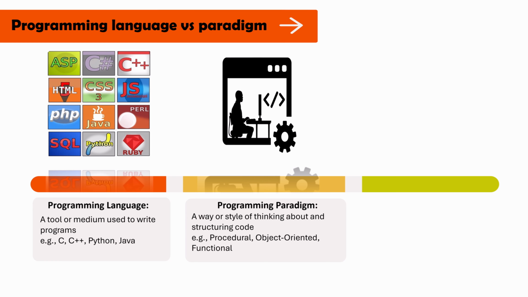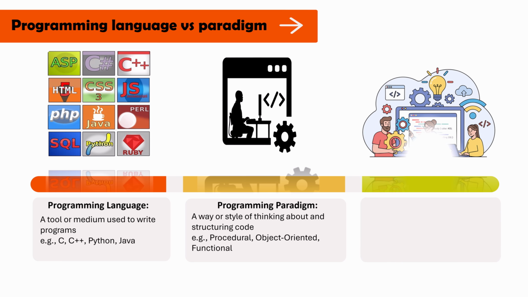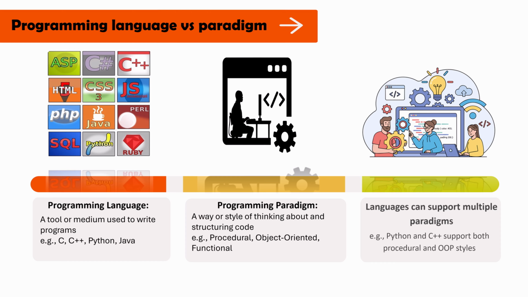The functional paradigm emphasizes mathematical functions and immutability. So paradigms are more about the philosophy of programming, you can say, rather than the language itself. So languages can support multiple paradigms.